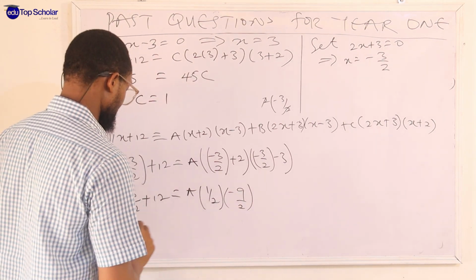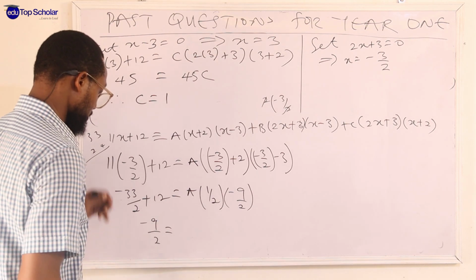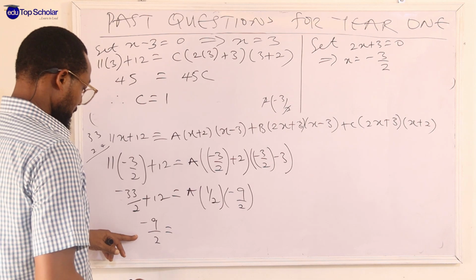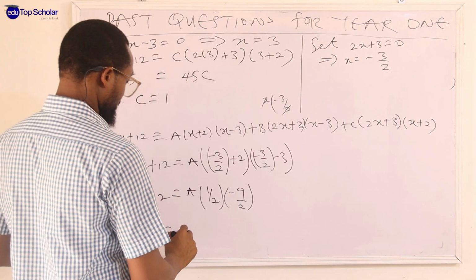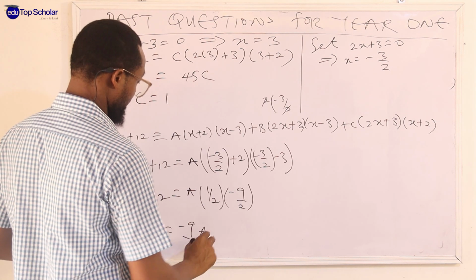So minus 9 over 2 equals minus 9 over 4a.